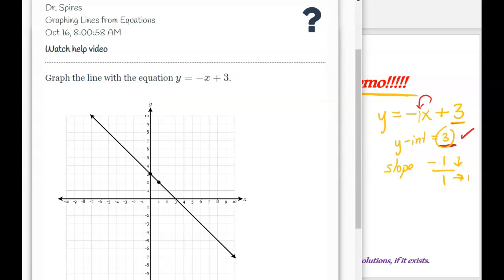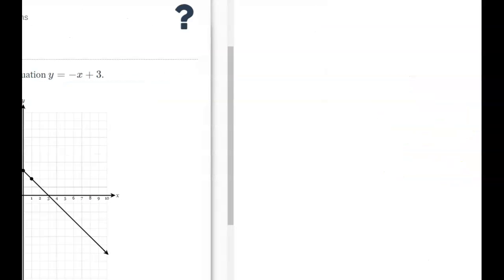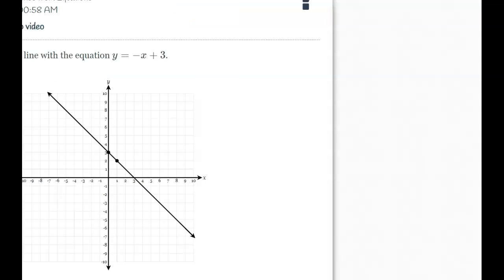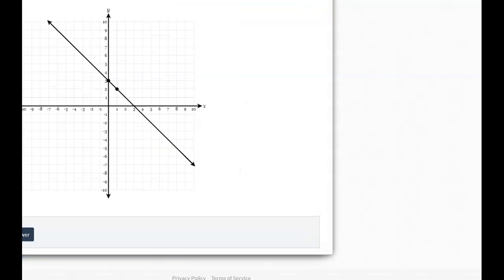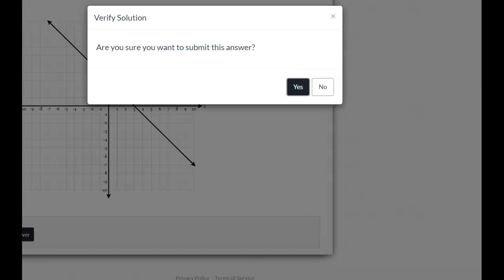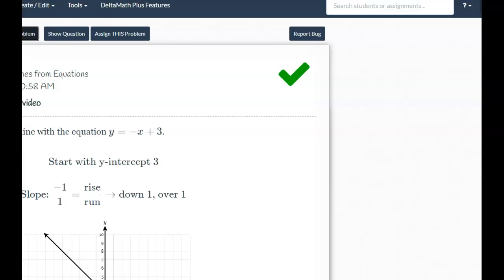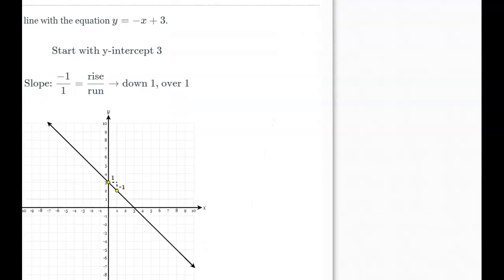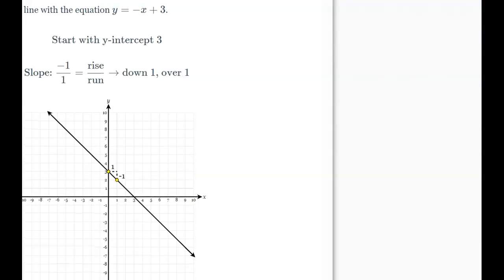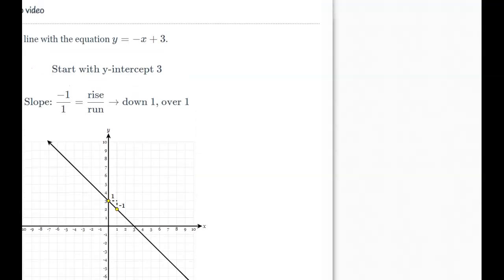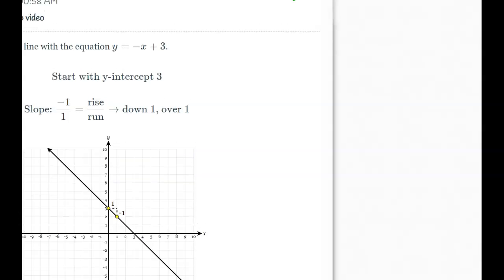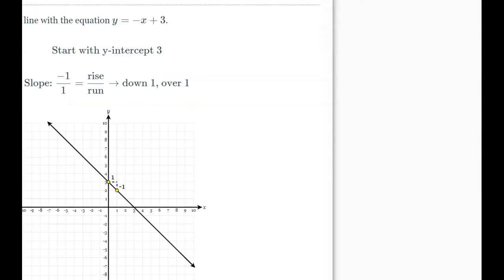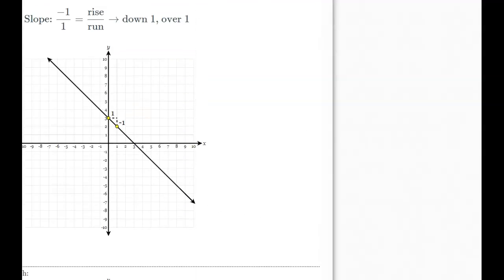So you start at 3, and then you find the next point using the slope, and then, like always, we submit the problem. Are you sure you want to submit? Yes. And it says perfect, and then it gives you an explanation just like we just did. Start with the y-intercept of 3, and then the slope is -1 over 1. There we go.